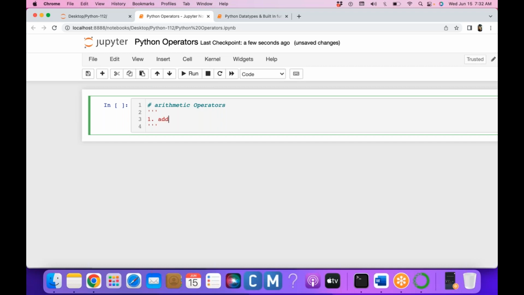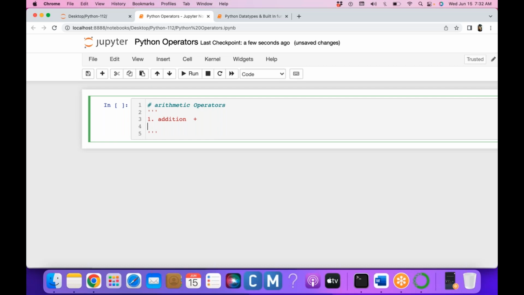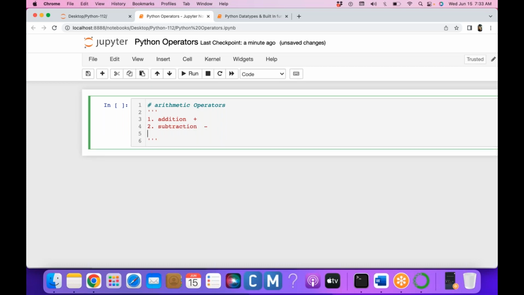For example, if you want to perform the addition operation, we use the plus operator. For subtraction, we have the minus operator. For multiplication of two numbers, the asterisk is the operator.